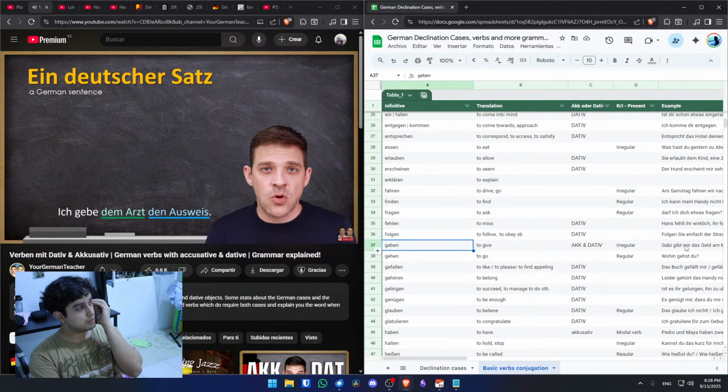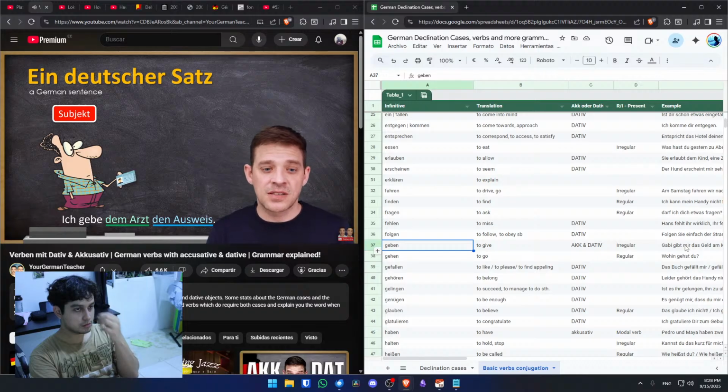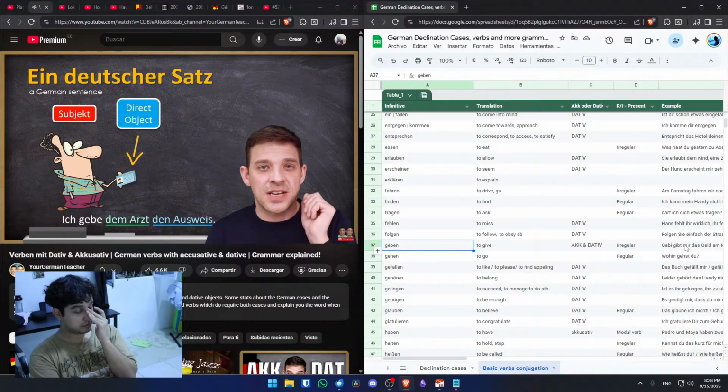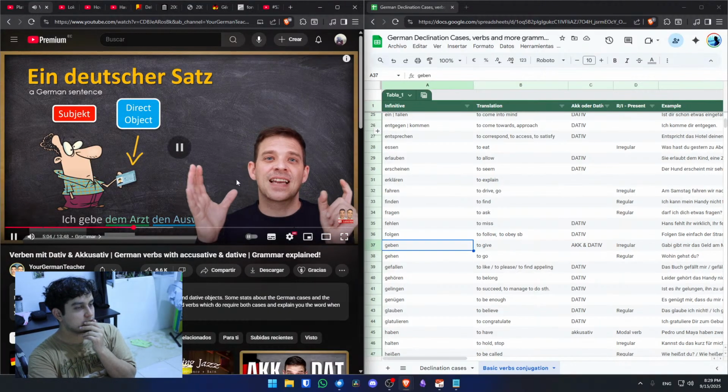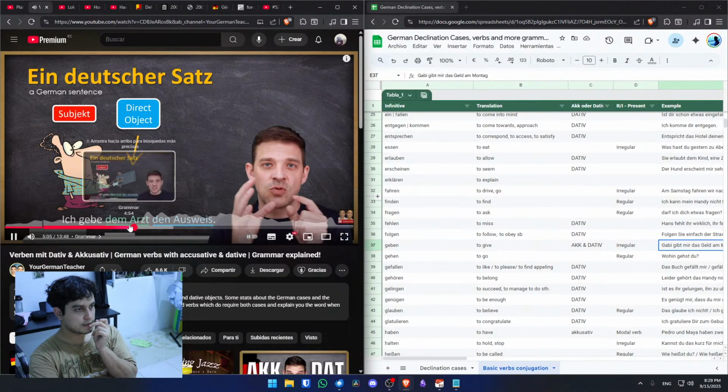When we look at this more in detail, we have ich, that's me, the subject in nominative. And then we have the ID card, which is the direct object. And why is it the direct object? Because it's connected to the subject.